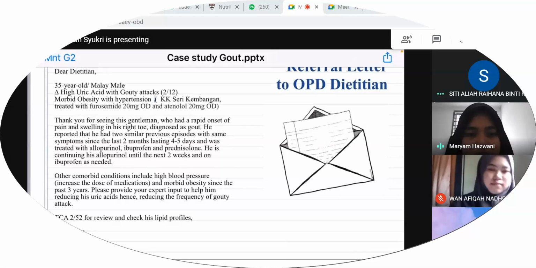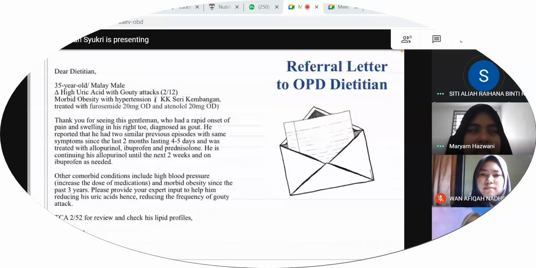He is obese, morbidly obese, with BMI of 37.